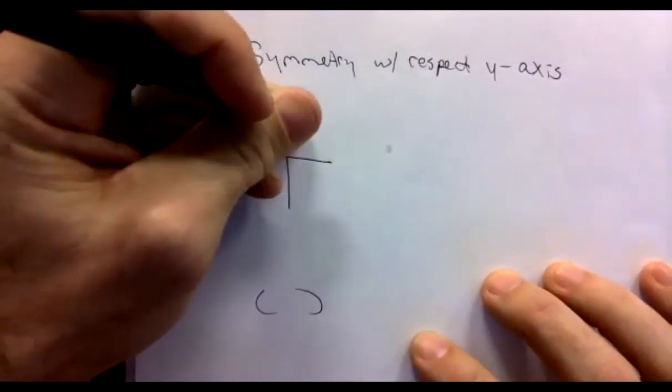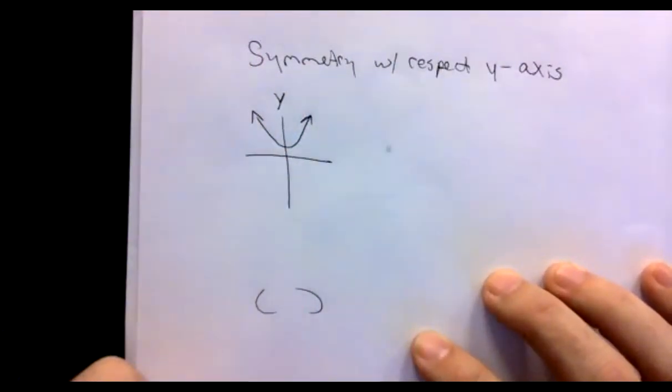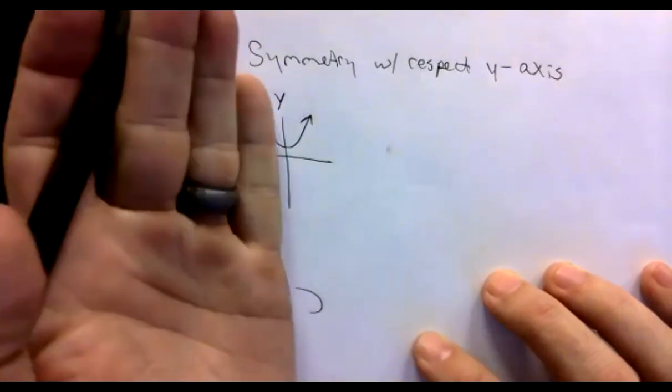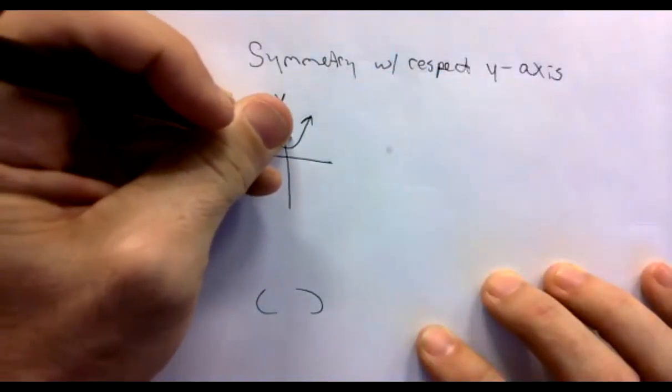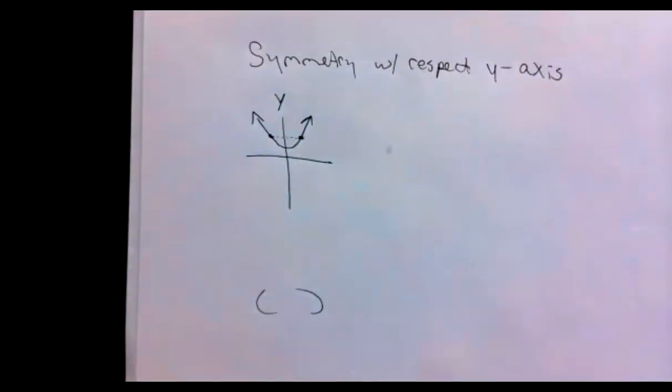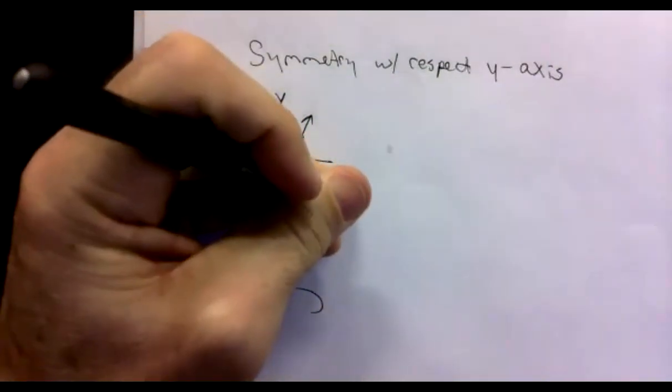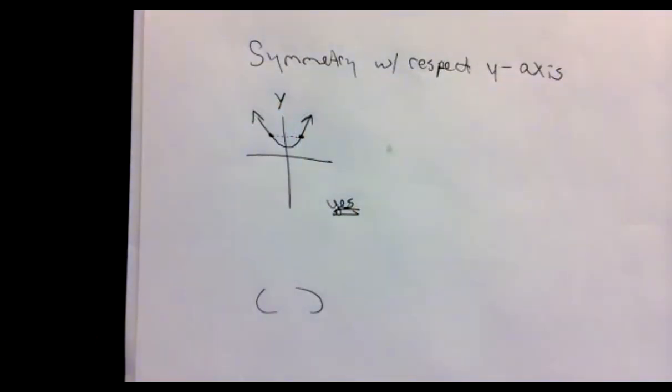So you want to reflect it over the y. If you can fold it horizontally and it matches up, then you have symmetry with respect to y. So this is an example of a yes, you have symmetry with respect to y.